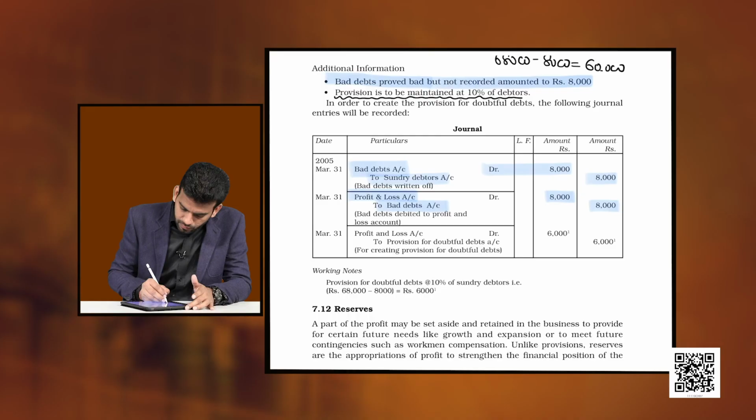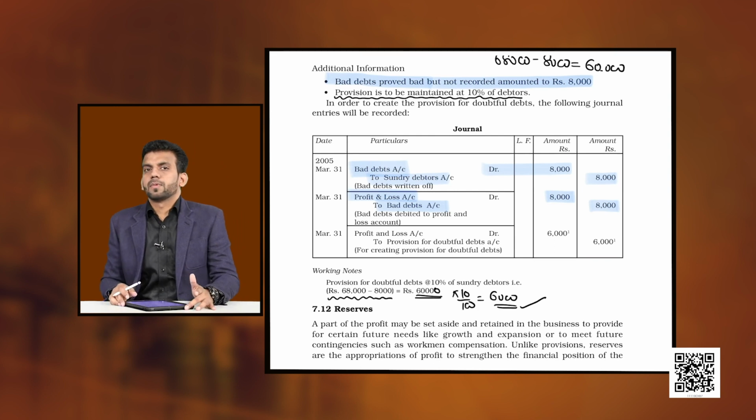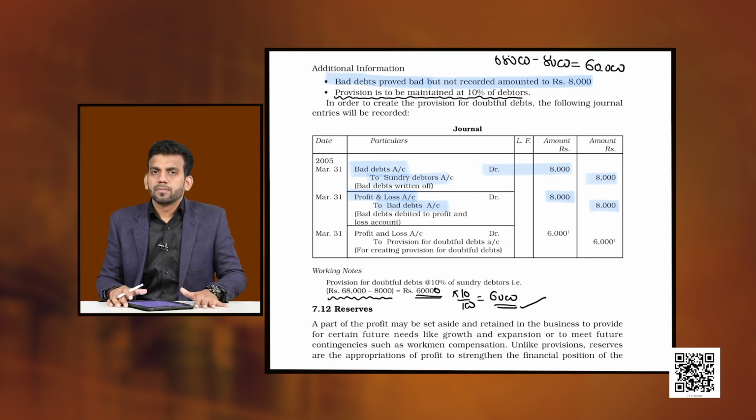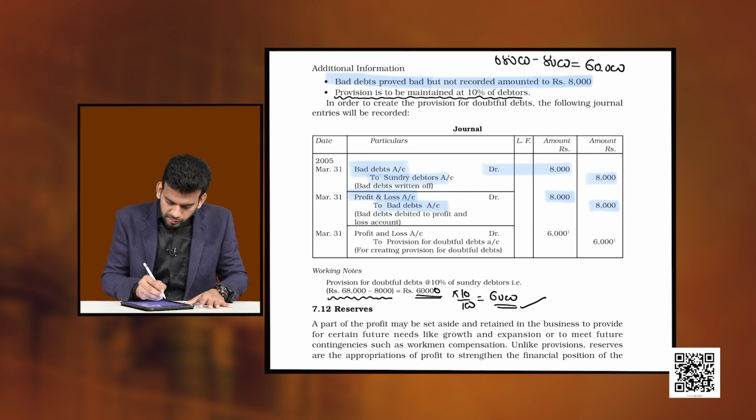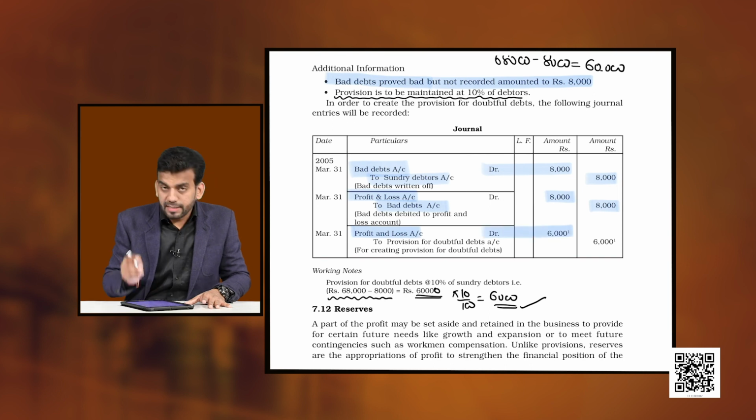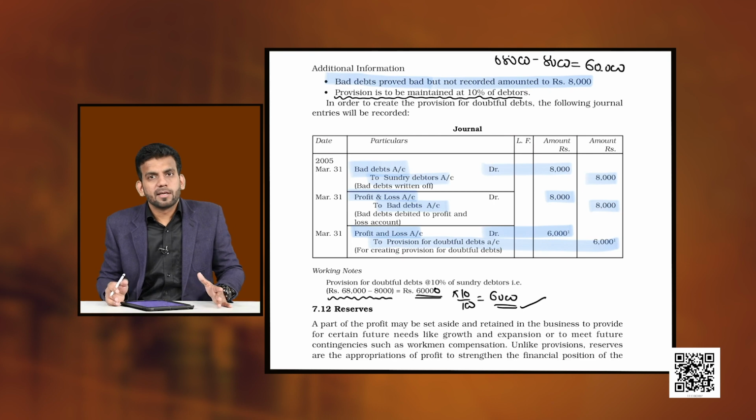So, currently we have 60,000 rupees debtors and 10% provision is to be made, that is 6,000, and this 6,000 would be transferred directly to the profit and loss account because it is an expense. So, profit and loss account would be debited by 6,000 and provision for doubtful debt would be credited.